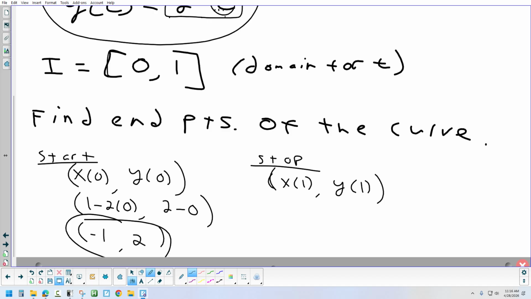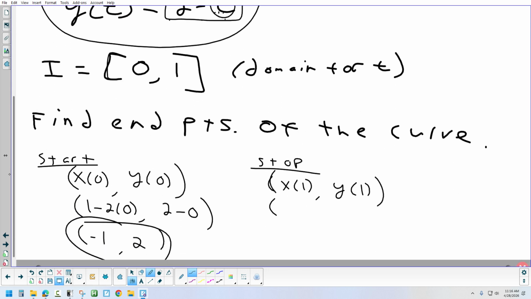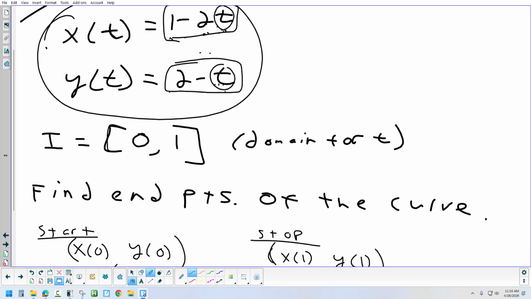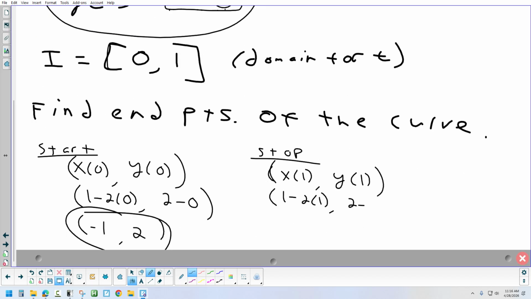So now instead of a 0, fill in a 1. So it's going to be 1 minus 2 times 1. And the y formula, 2 minus 1. So where is this graph going to stop?